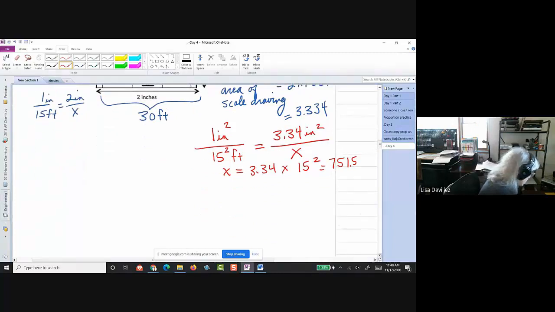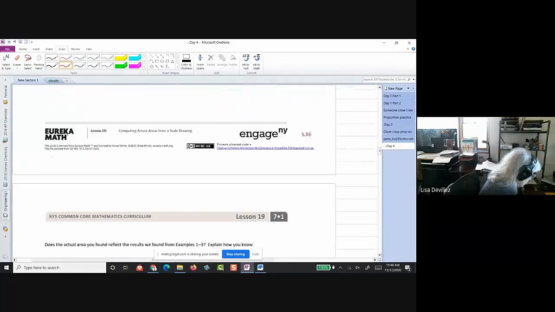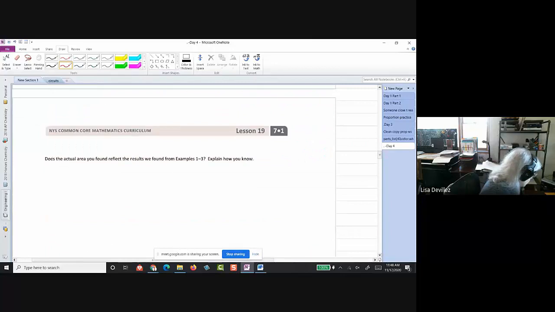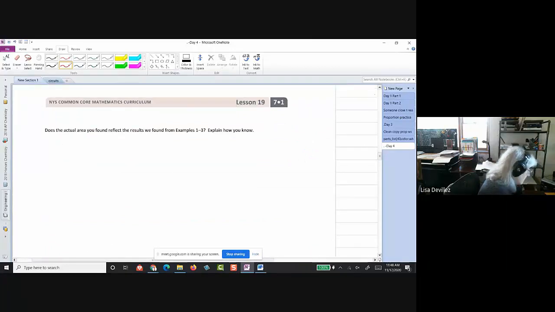Okay, so where'd my mouse go? Oh, there it is. Okay, does the actual area you found reflect the results we found from 1 through 3? And that would be yes.